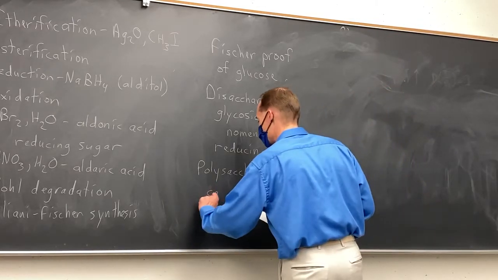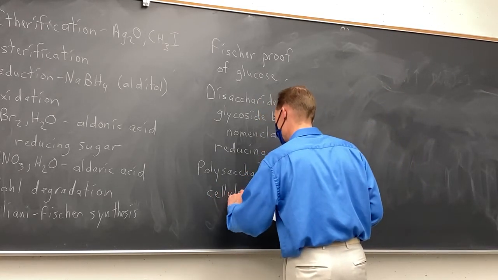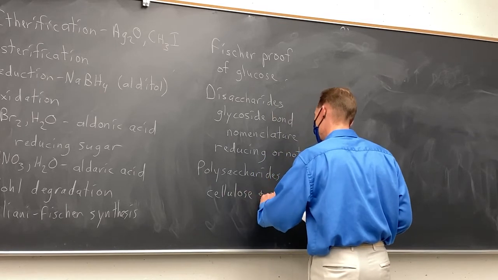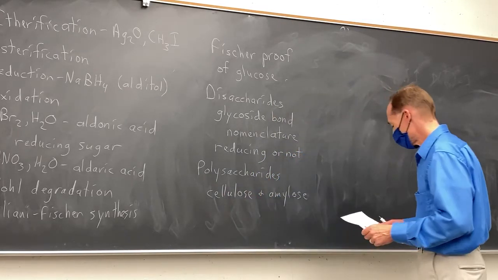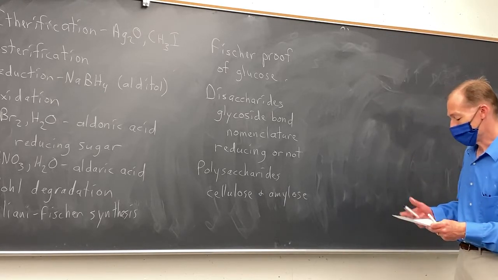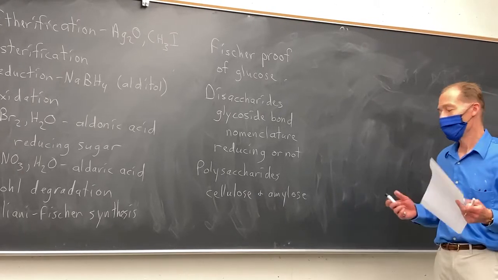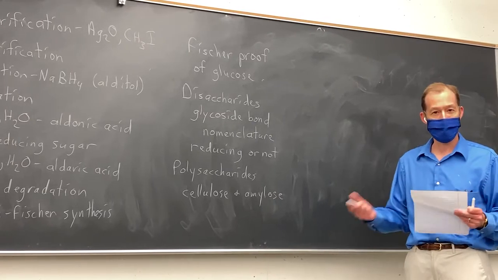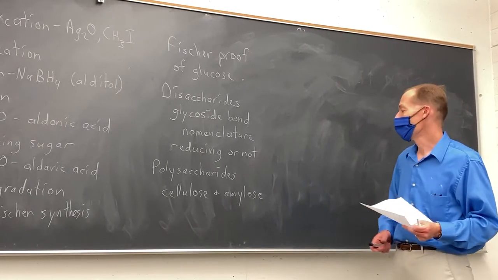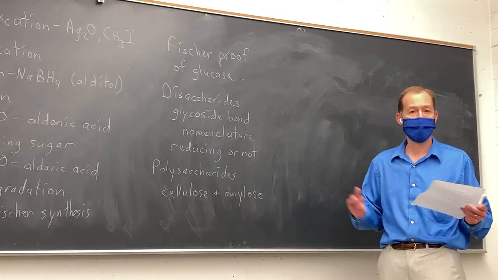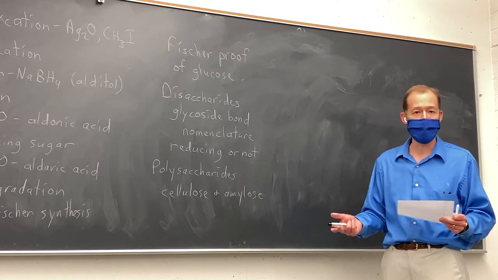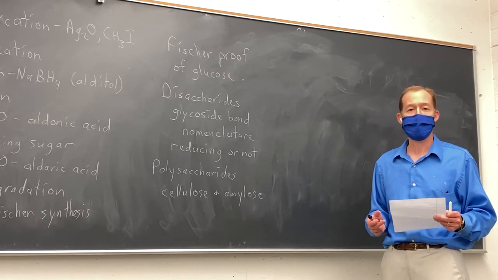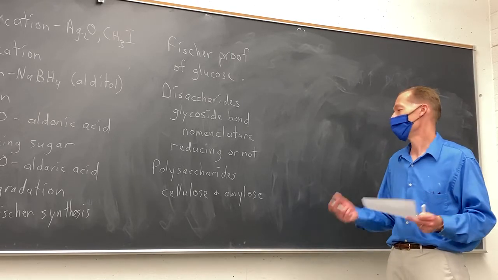So cellulose and amylose are the molecules that we focused on primarily in this section. And so you should know cellulose has the beta-1,4' glycosides. Amylose has the alpha-1,4' glycosides. And that gives these molecules different shapes. And those different shapes are key to their different functions.